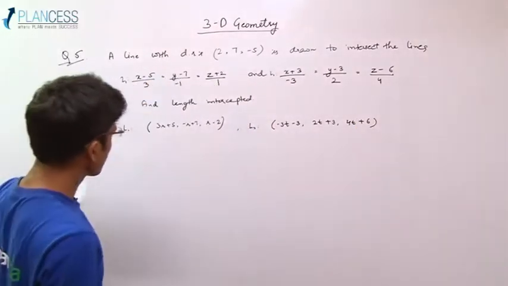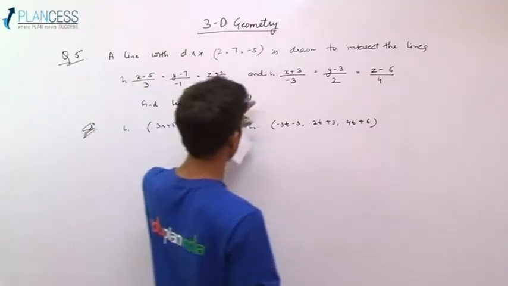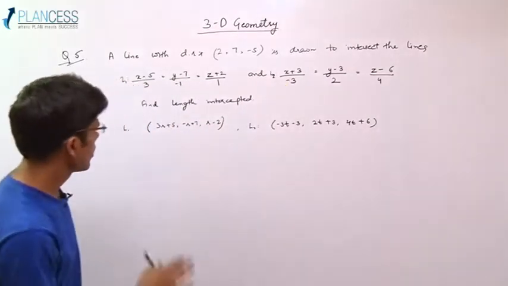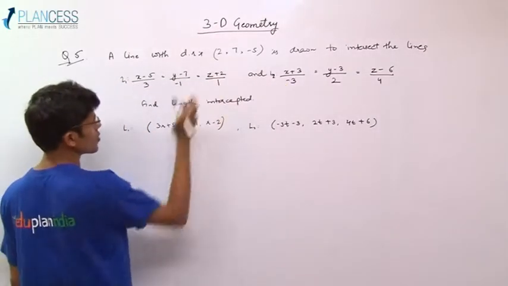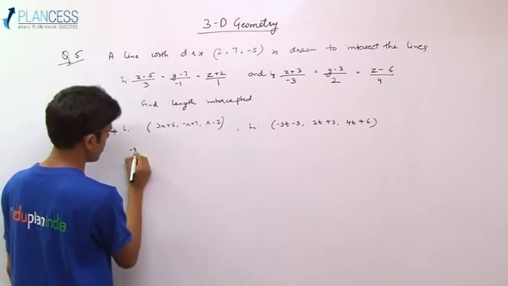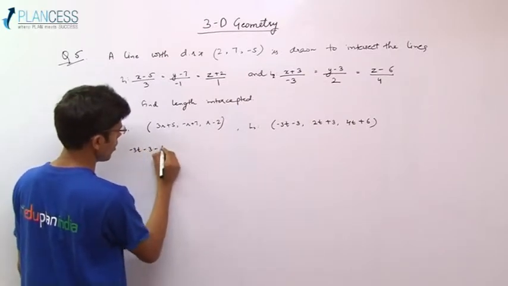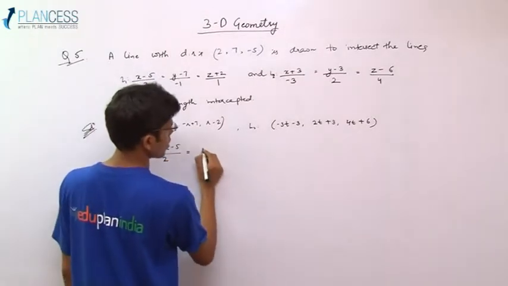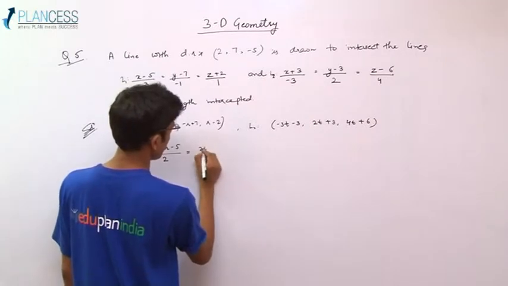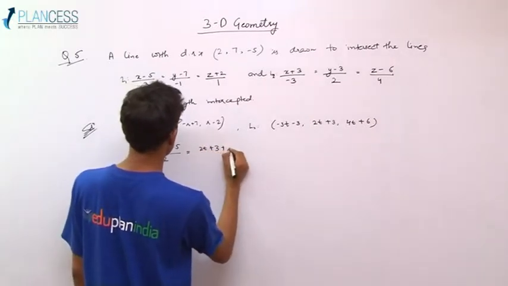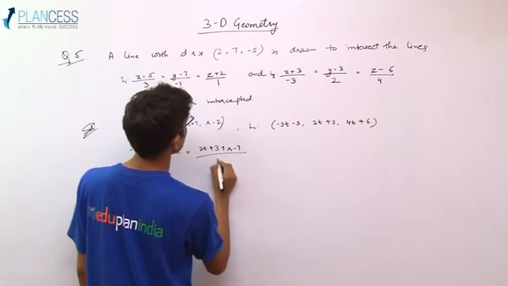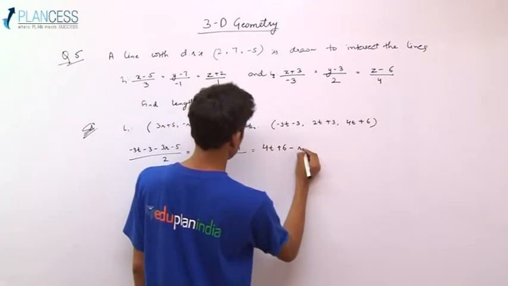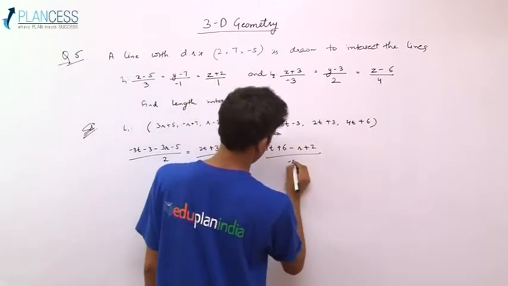So let this line intercept L1 at this point and L2 at this point for particular values of r and t, and now the direction ratios of this line will be proportional to 2, 7, minus 5. So (minus 3t minus 3 minus 3r minus 5)/2 = (2t plus 3 plus r minus 7)/7 = (4t plus 6 minus r plus 2)/minus 5.